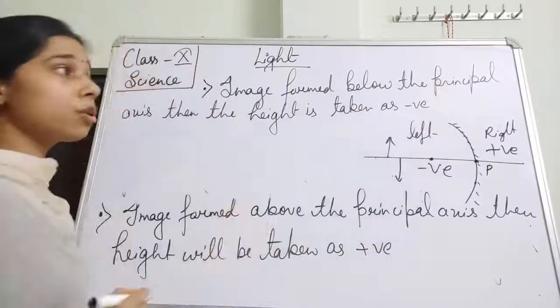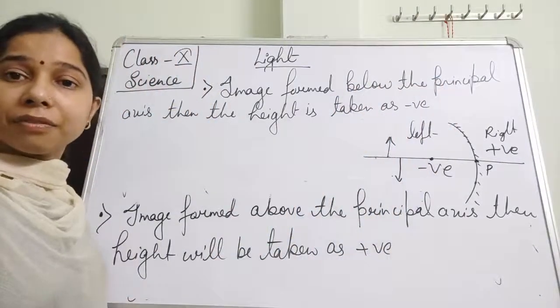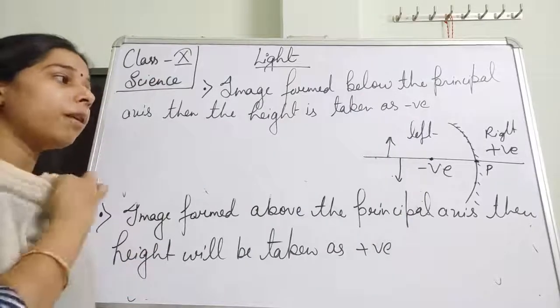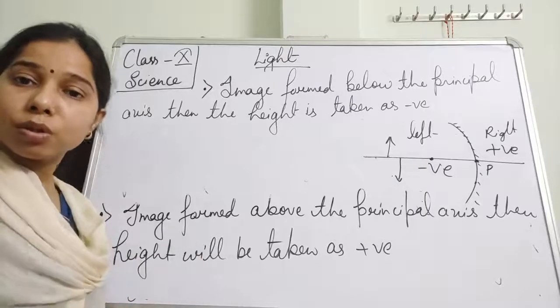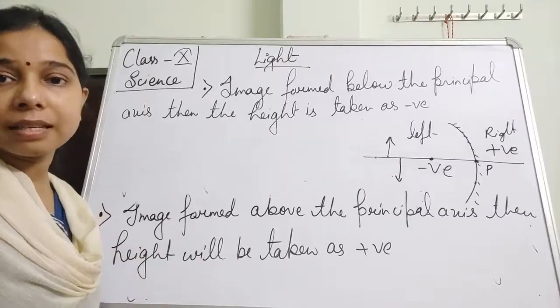So we have understood one thing: if the height is above the principal axis, then we will take it positive. If it is below the principal axis, we will take it as negative.